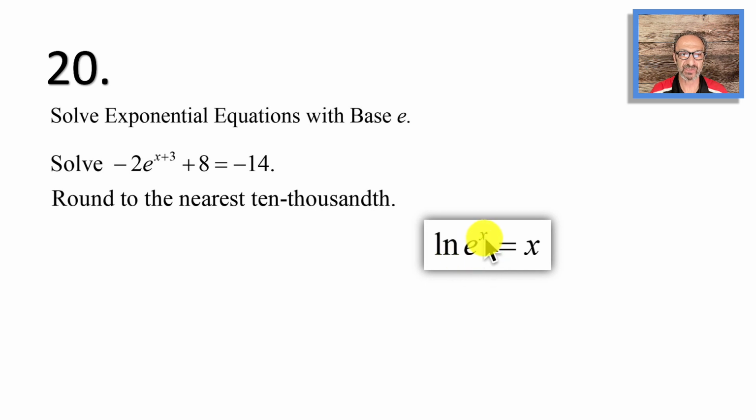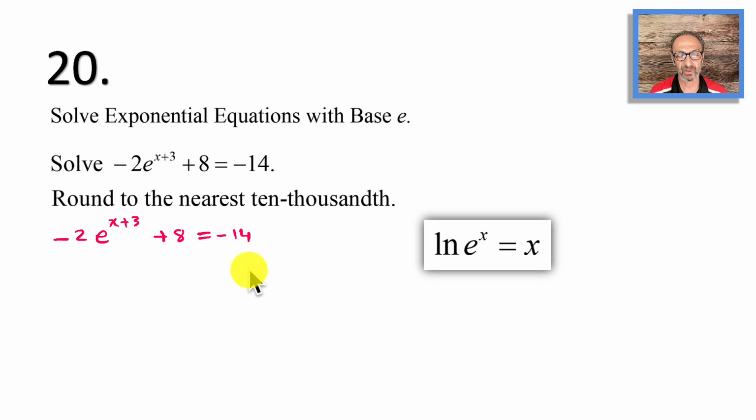The input here is x. Applying ln after e takes you back to the same start, which is x. They cancel each other, kind of like you could slash them and bring the x down. We need to have this applied here, but first we need to clean everything and leave e alone without the minus 2, without the 8.